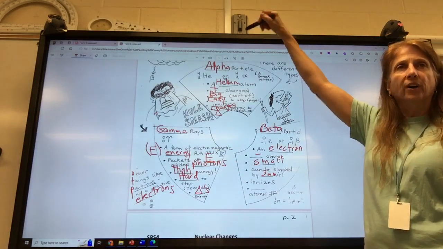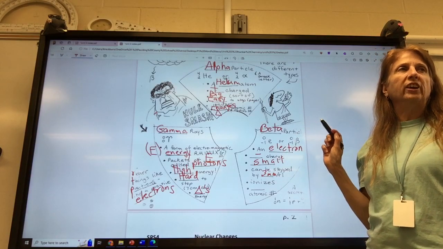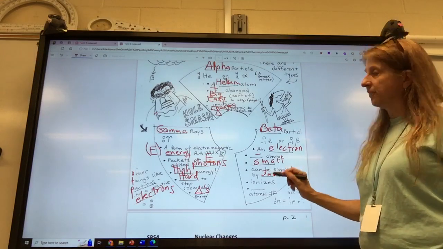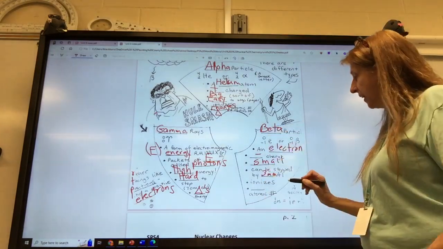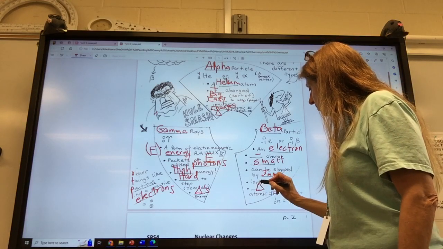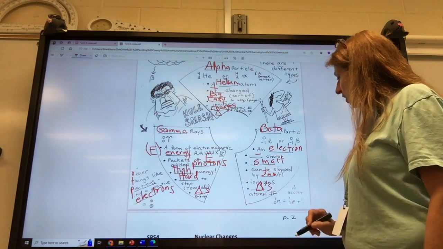Paper can stop alpha. It takes aluminum foil, the thick kind, maybe a few sheets of it, to stop beta particles. It ionizes. It has a charge. We already knew that. And it changes, it's my triangle, it changes the atomic number.